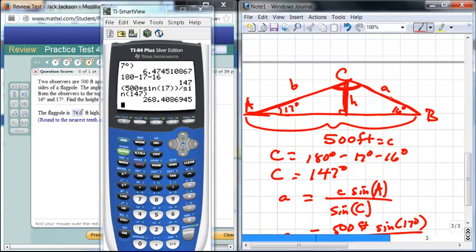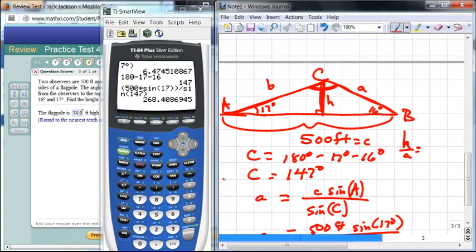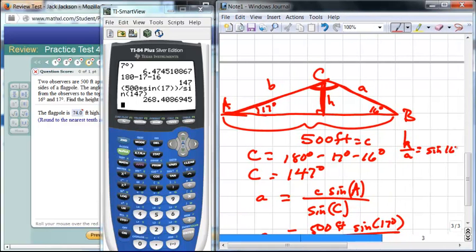Now we know that H over A is the sine of the 16 degrees. So H is A times sine of 16 degrees.